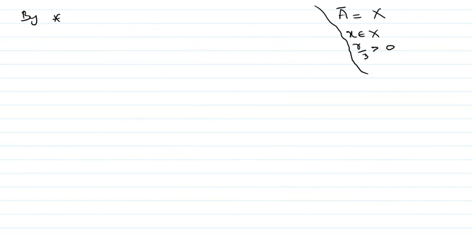So let's write it here by star: there exists A in A such that the distance between x and A is less than epsilon, where epsilon is r by 3 here.